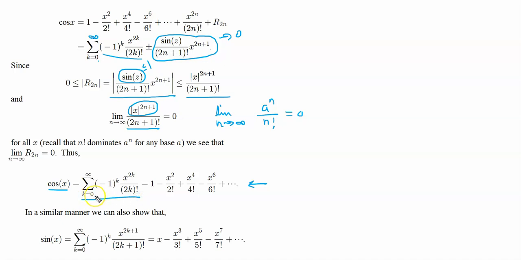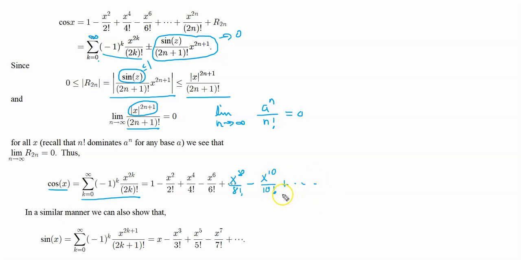Notice that that is just 1 minus x squared over 2 factorial plus x to the 4th over 4 factorial minus x to the 6th over 6 factorial. The next term would then be plus x to the 8th over 8 factorial minus x to the 10th over 10 factorial, if you wanted to write out a few more terms, and then it keeps going in even powers of x.